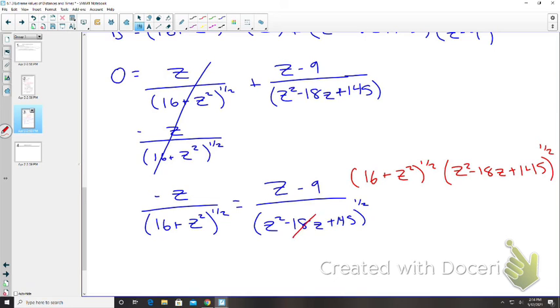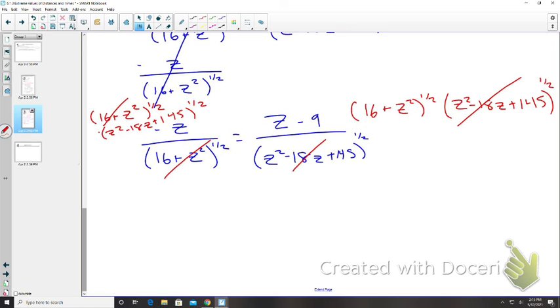So these will cancel. And then I'm going to do the same thing over here, multiplying by 16 plus z squared to the 1/2 times z squared minus 18z plus 145 to the 1/2. So these will cancel over here.